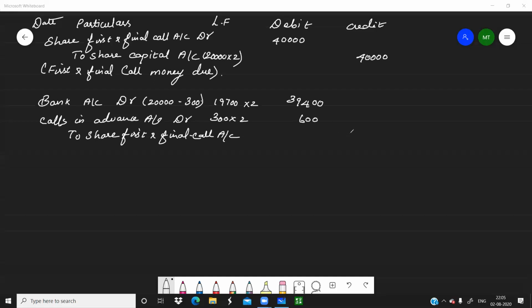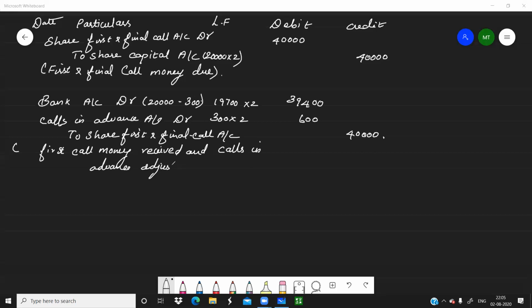The overall share first and final call amount is 40,000. Okay, first and final call money received and calls in advance adjusted. That's all. It's a calls in advance account. So for advance, what should we do?